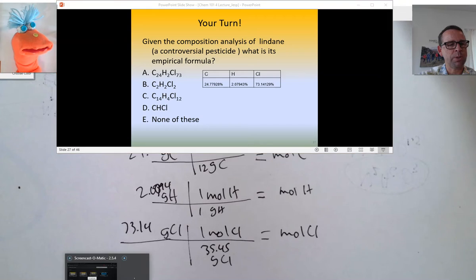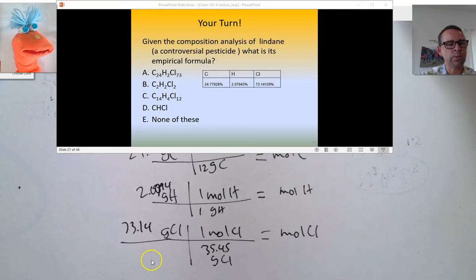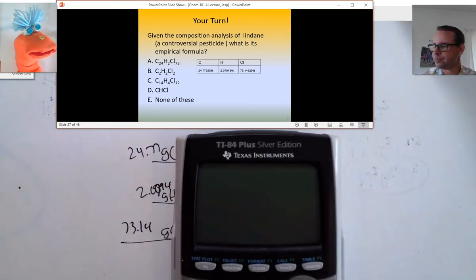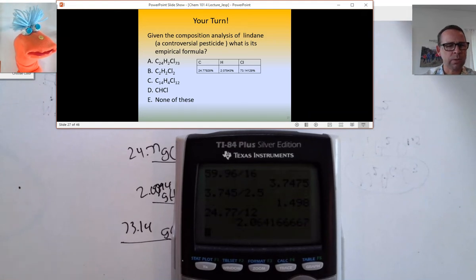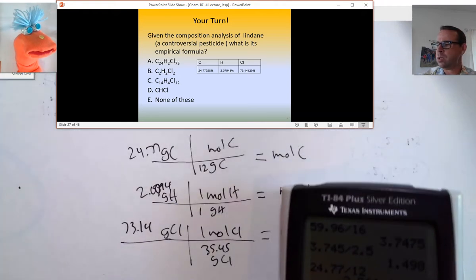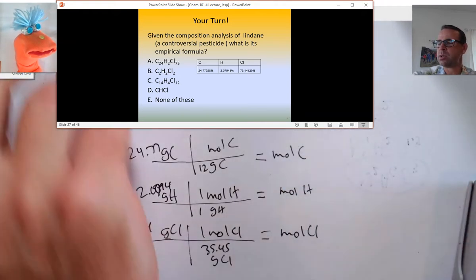Okay, so we put those in our calculator, and hopefully we're seeing that the moles of carbon, 24.77 divided by my 12. All right, can you see that there? That's 2.06.